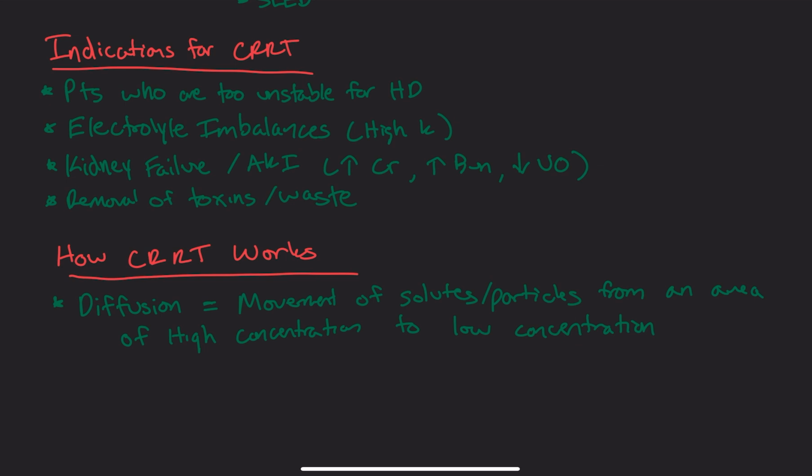So how this correlates with CRRT: the movement of solutes or particles could be things like your electrolytes, such as your potassium, from an area of high concentration, in this case your blood, to low concentration, which is your dialysate fluid.